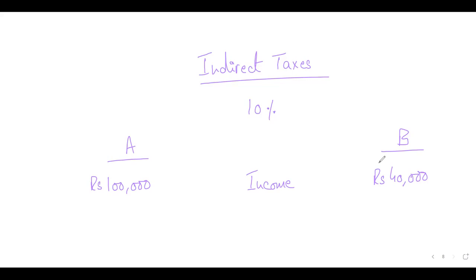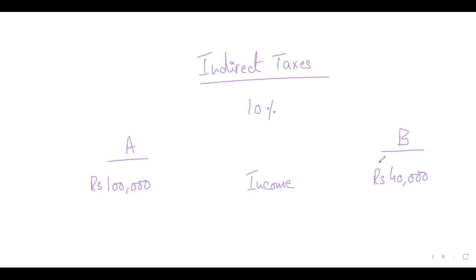That's just a question for you to answer. Do you think that this rich person who's earning more will be buying a lot more groceries compared to that person who's earning 40,000?